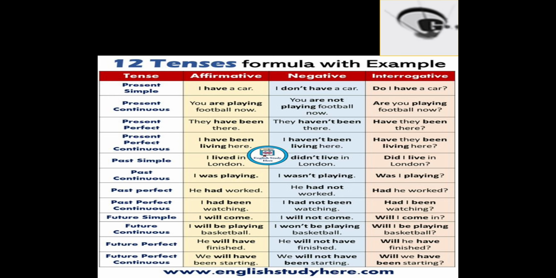Future perfect, he will have finished, he will not have finished, and will he have finished. And future perfect continuous tense, we will have been starting, we will not have been starting. And in the interrogative form, it changes to will we have been starting.